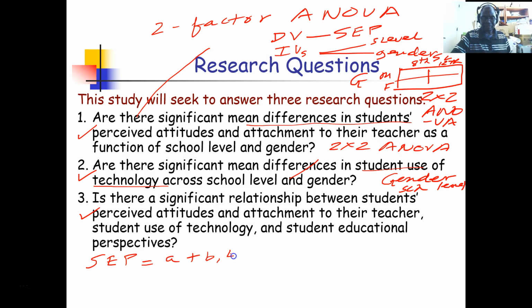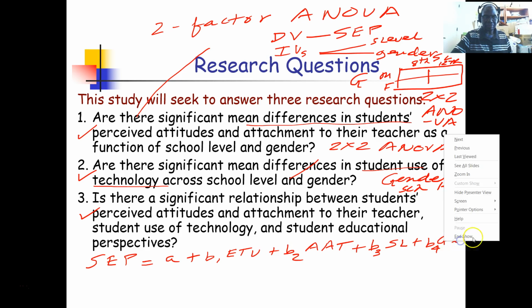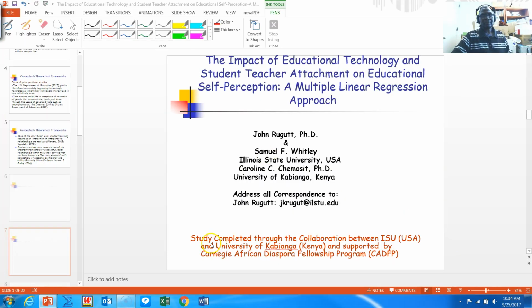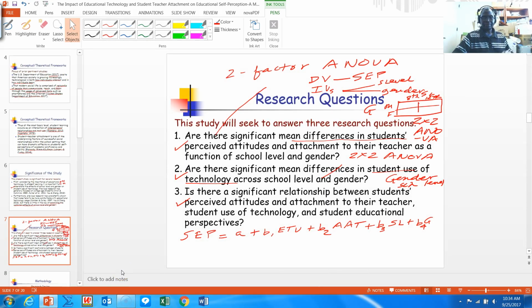The first one being educational technology usage, and the second one was attitude and attachment to teachers, and then the third one was school level, and then the fourth one was gender.